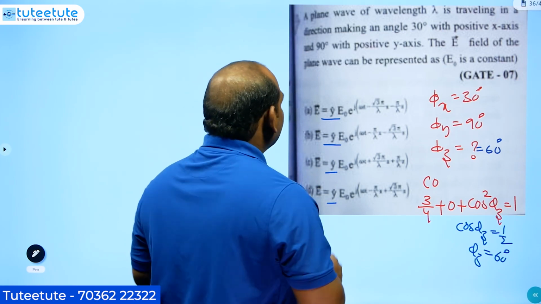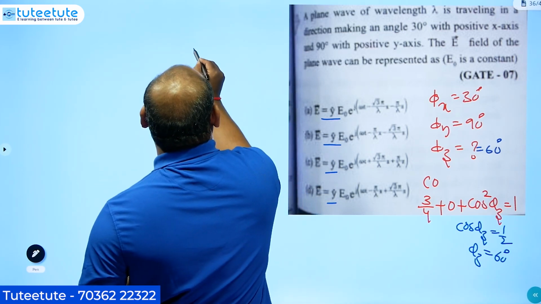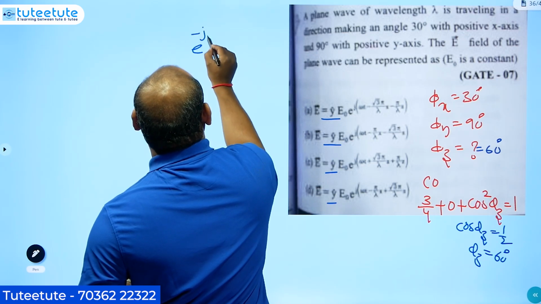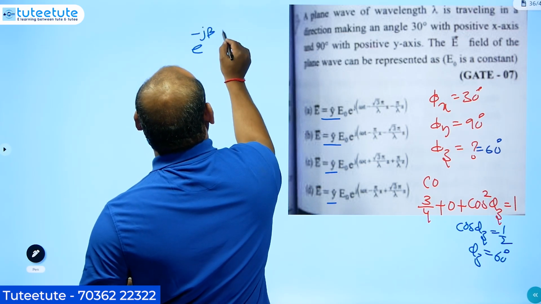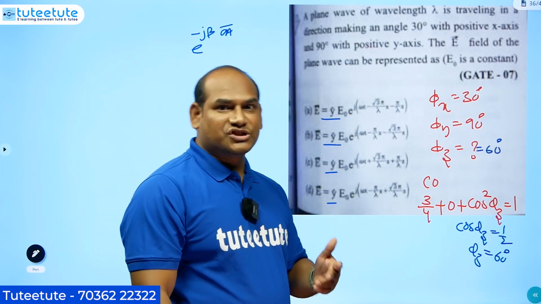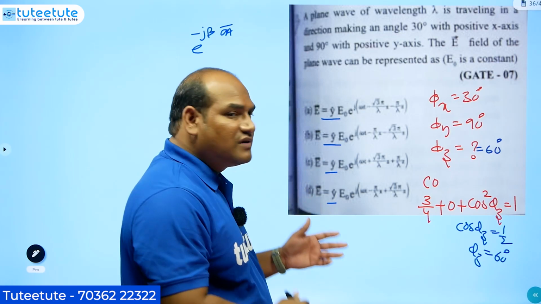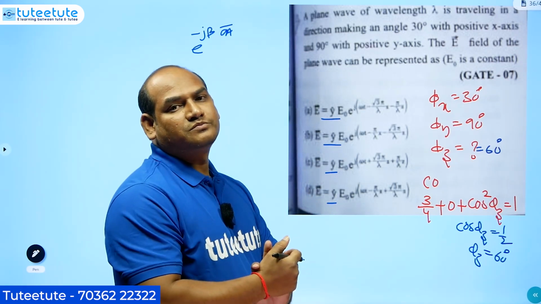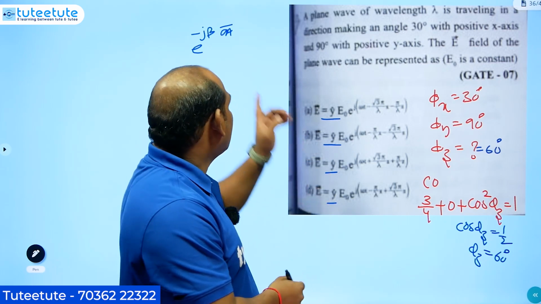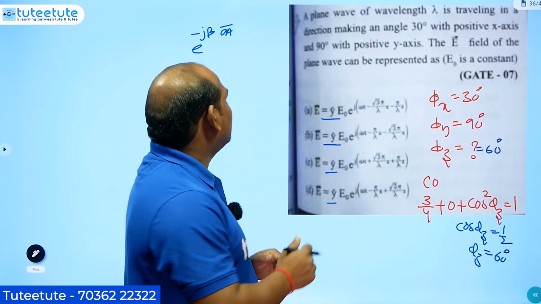Generally the wave representation is given with the main thing being the phase, which I am taking as e power minus j beta. Here we have to take the normal. What is the projection of that particular wave on the constant phase plane we have to take. In our oblique incidence concept, I have clearly told this representation.